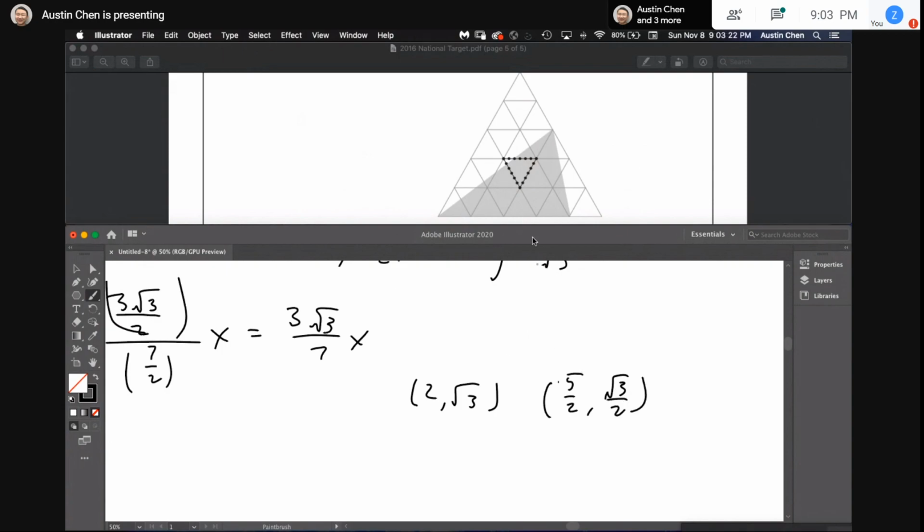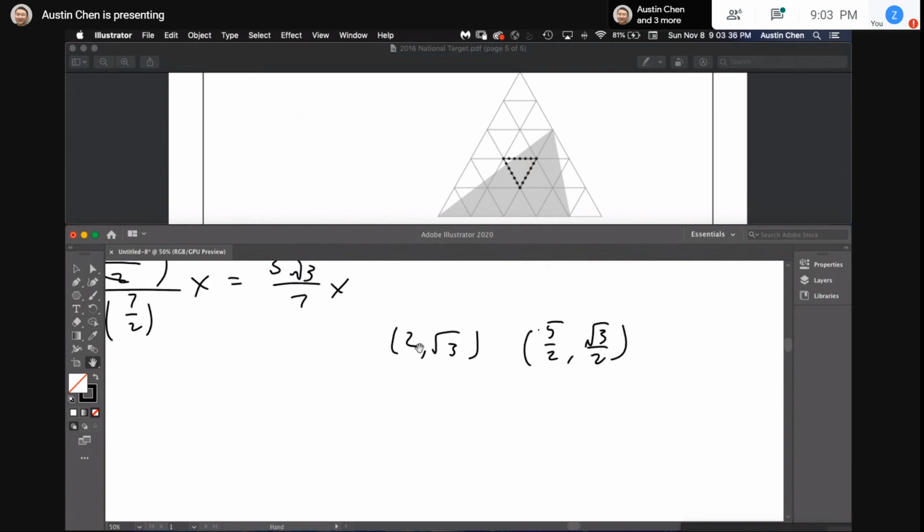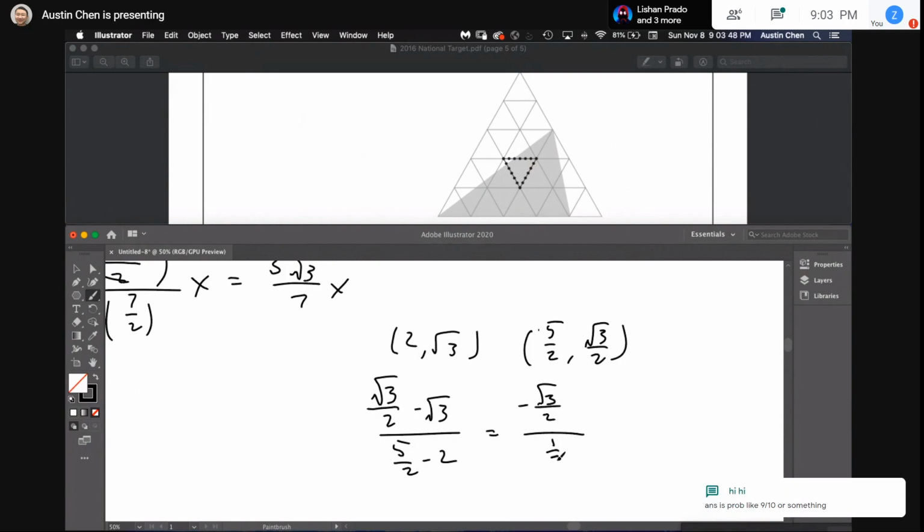If you're working this out, you should probably double check it, because you can make silly mistakes on this and then your answer will be wrong. Then the slope will be root 3 over 2 minus root 3, over 5/2 minus 2, which is negative root 3 over 2 over 1/2, which is just negative root 3.